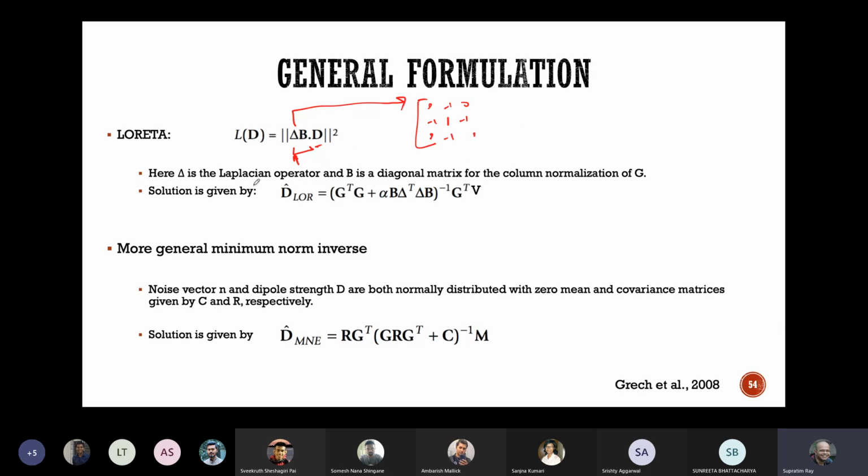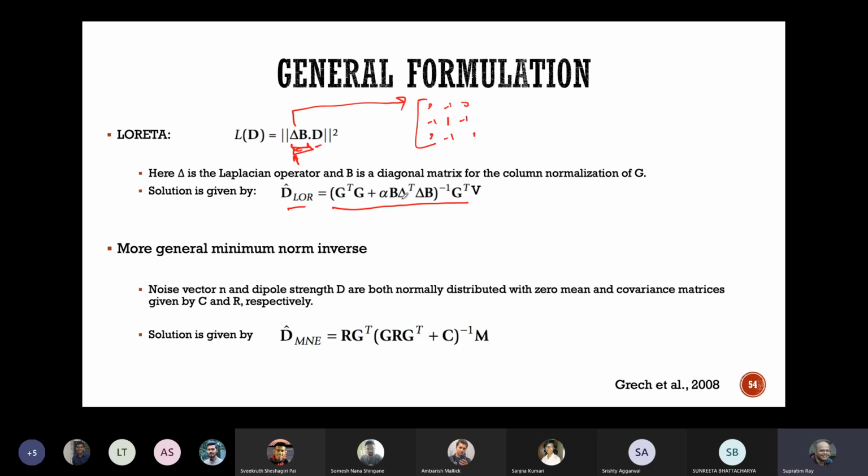But you could actually have a Laplacian operator as a matrix, and then this is a diagonal matrix which normalizes the columns of G. So you have pre-multiplied this D with two of these, and then you try to find the solution here, and the Loreta solution is given by this.